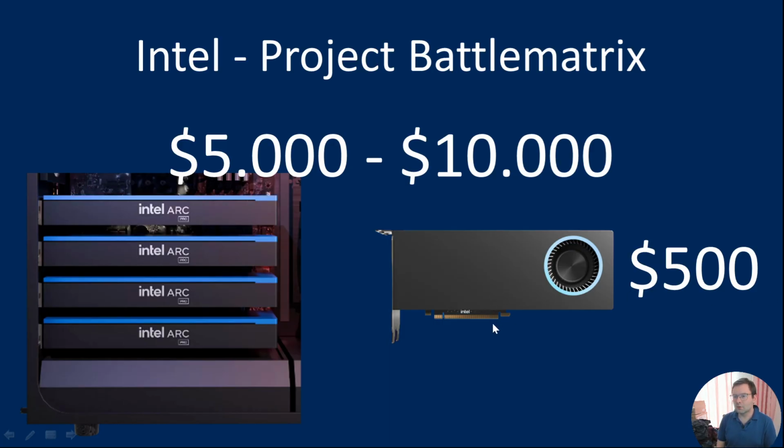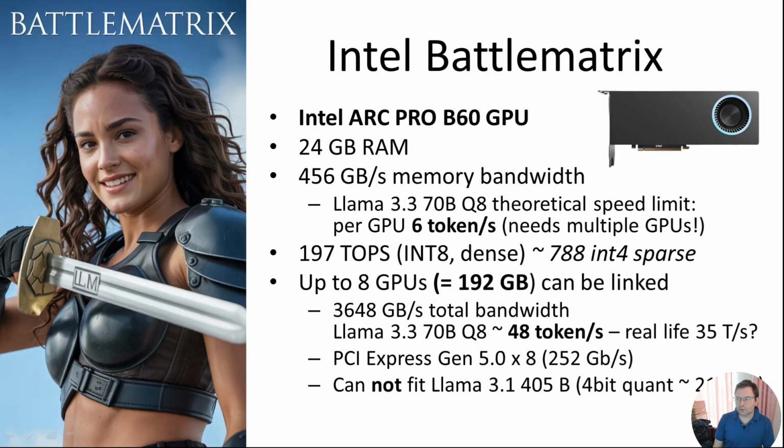So each of these GPUs, and that's where the comparison goes bad, comes in at $500, and a system might be between $5,000 to $10,000 depending on what you're looking at. So here we have an overview.